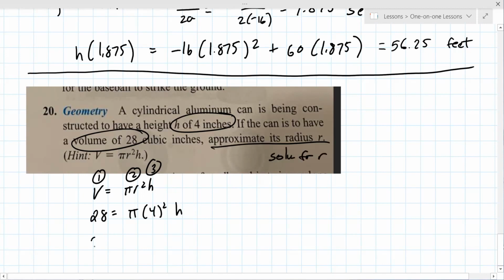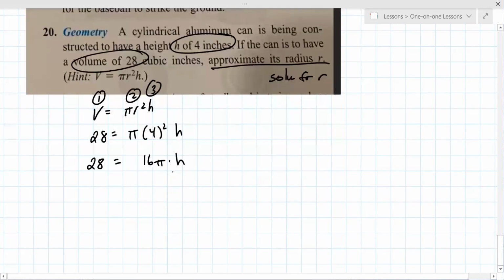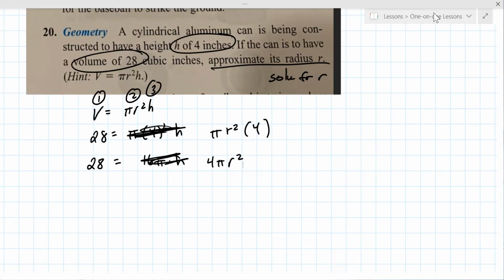So 28 equals pi times 4 squared times h. Sorry, I've got this backwards. The height is 4, I put it in for r, which is not correct. So it's 28 equals pi r squared times 4, and then you're solving for r.